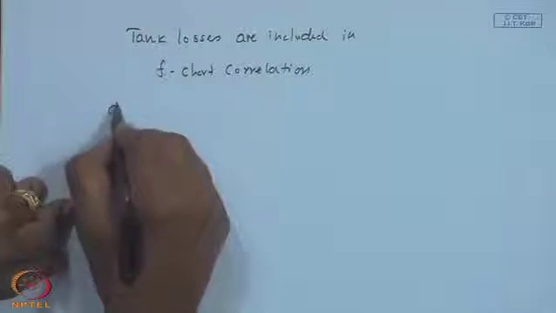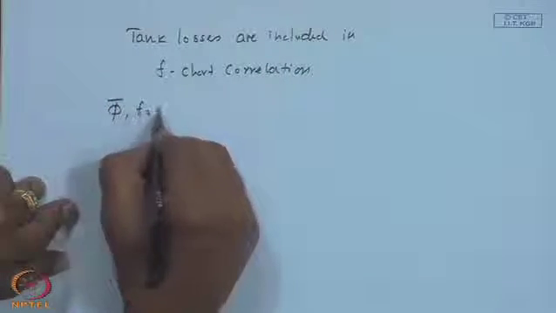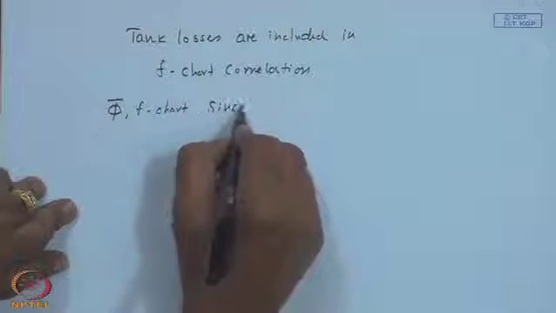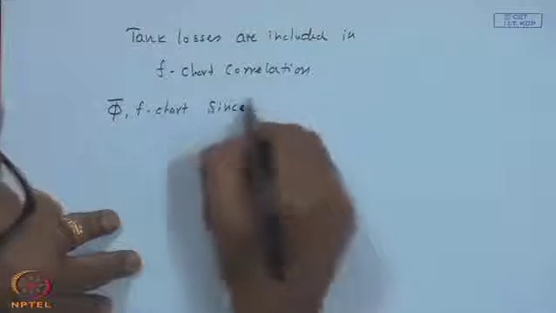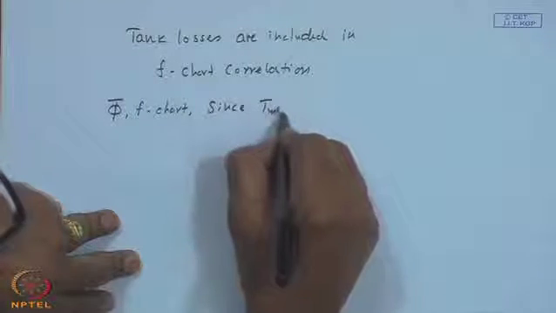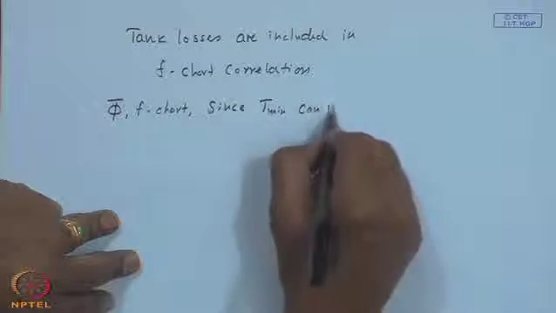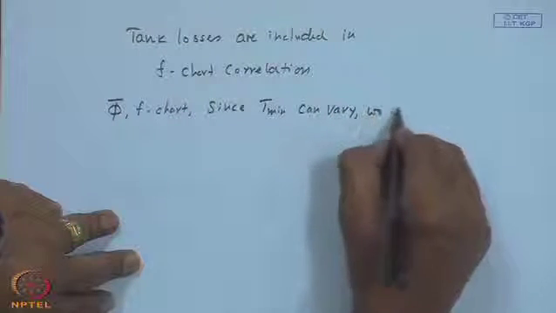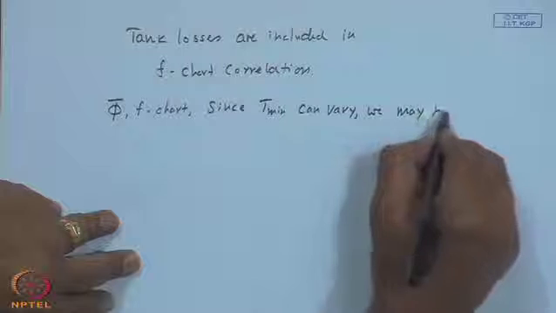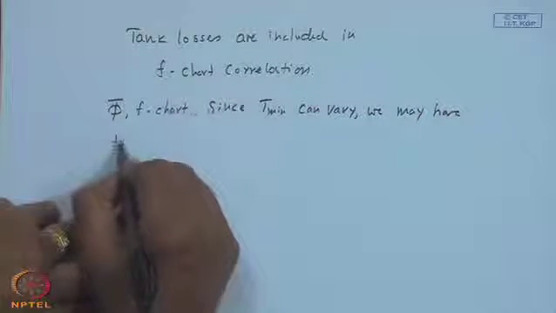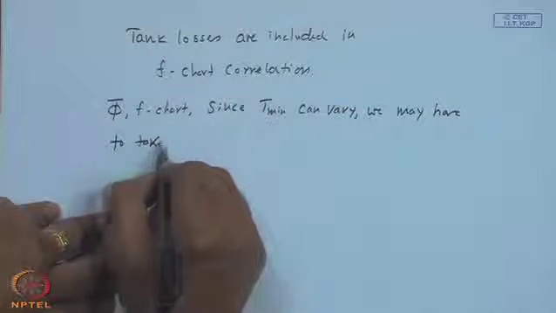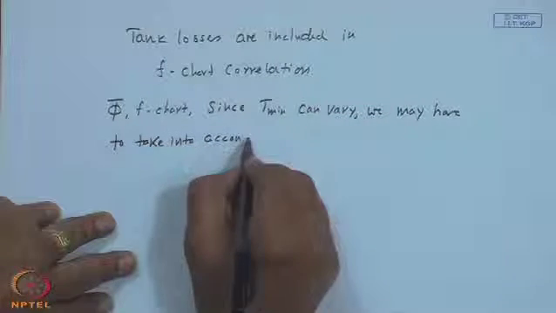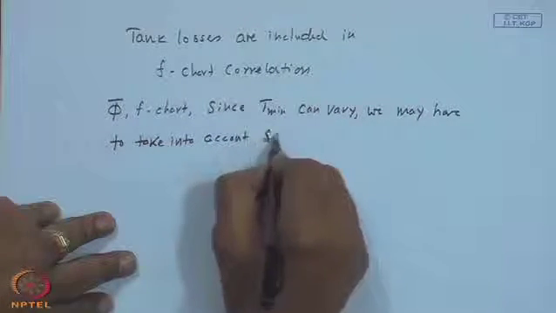In phi bar F chart, since I guess this is my logic, since T minimum can vary, we may have to take into account separately.